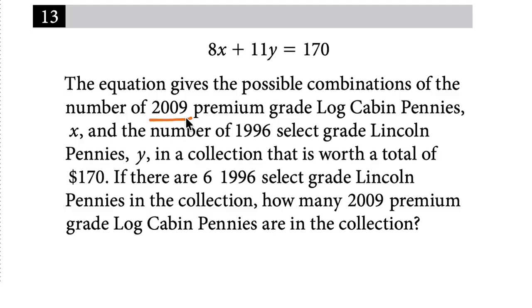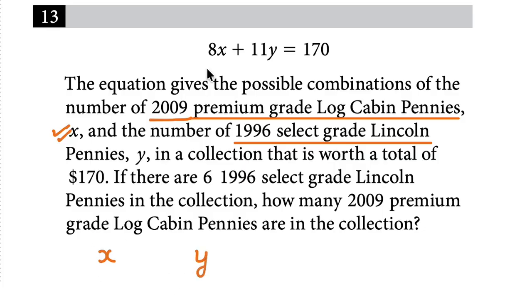If you see 2009, you will see, oh, it's again a date, but it's the name of these pennies, right? 2009 premium grade log cabin pennies. So let's see it this way. This number is x, and the other type is 1996 select grade Lincoln pennies, which is y, right? So there are two types of pennies, x and y.